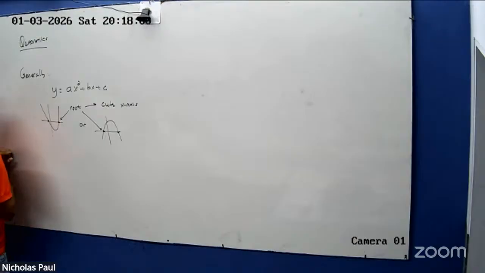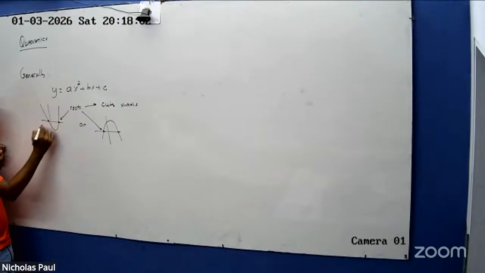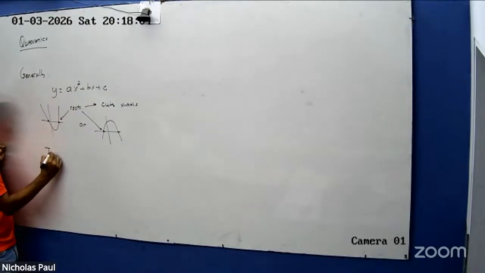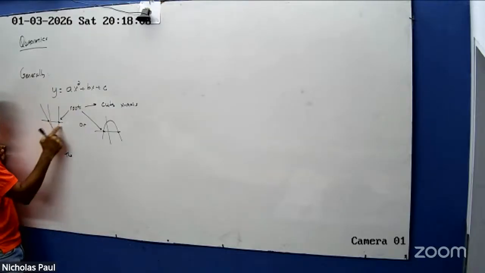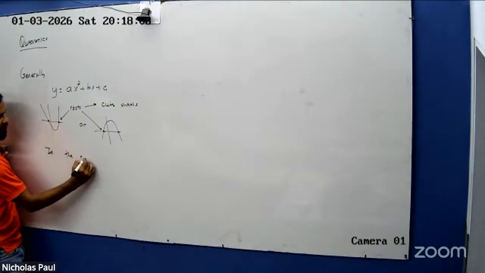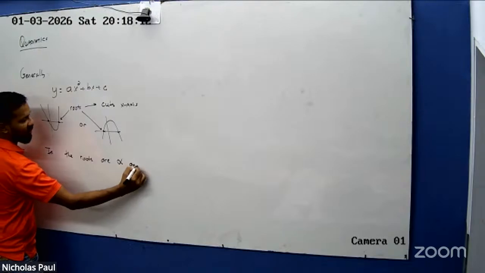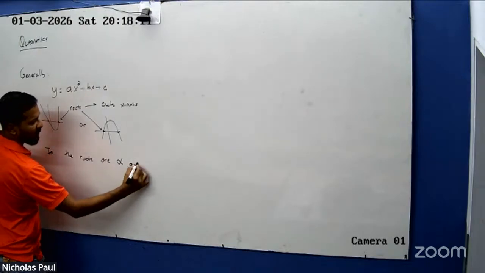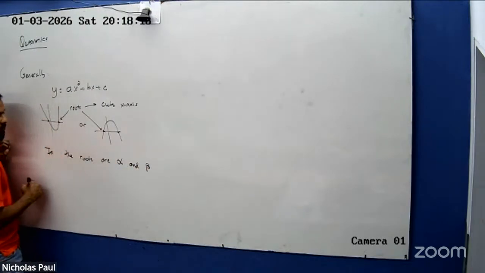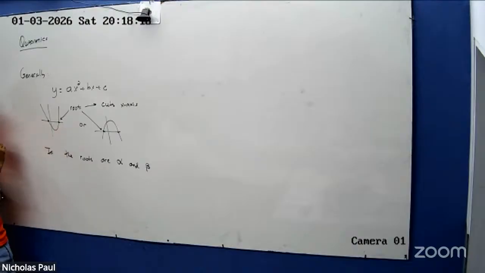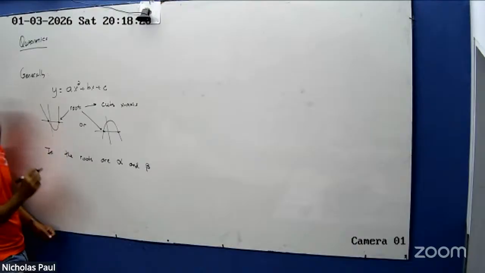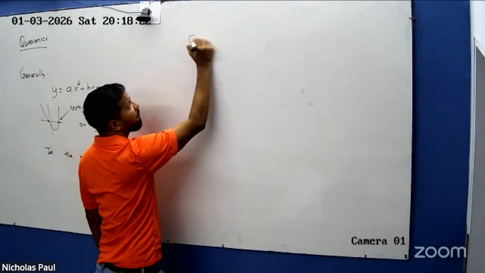So we're going to learn a little bit about the roots. And I want to show you something. If the roots, that's these values here, if the roots are alpha and beta, let's just make up some numbers for them. I want to show you something with the roots. Do me a favor now.